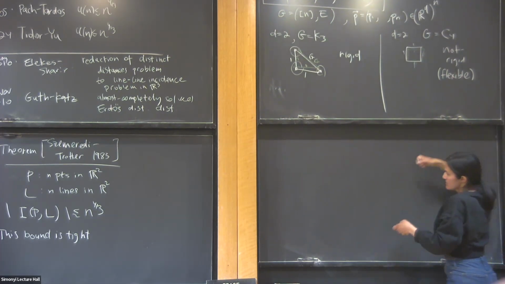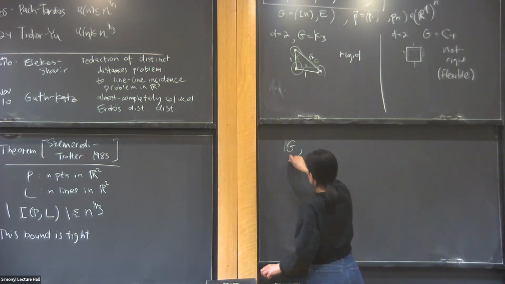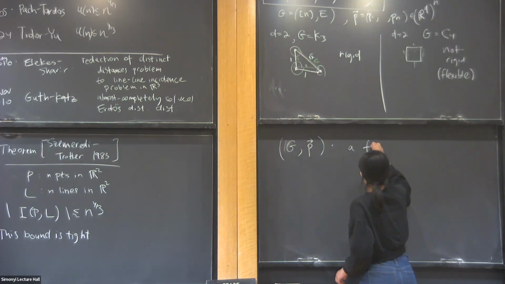Formal definition. First of all, if we have a pair of a graph and an embedding, call this the framework.